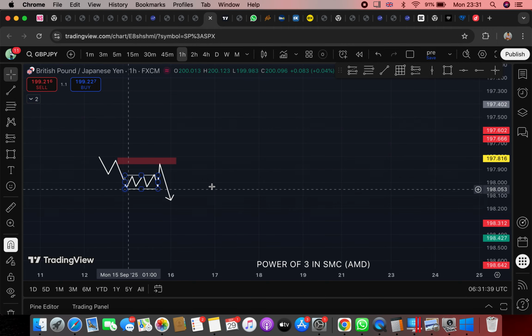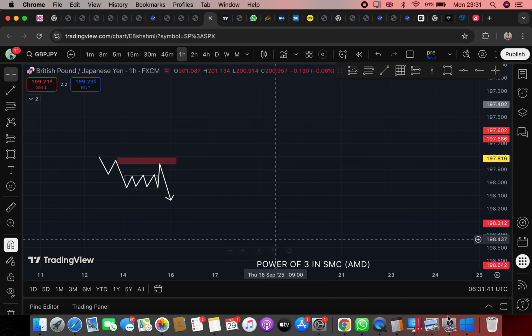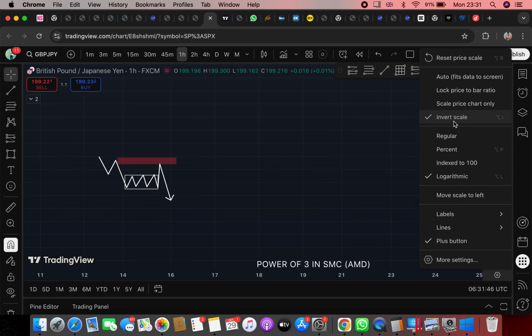So anytime patterns like this occur, just wait for the market to manipulate towards the protected low if the market is in an uptrend.